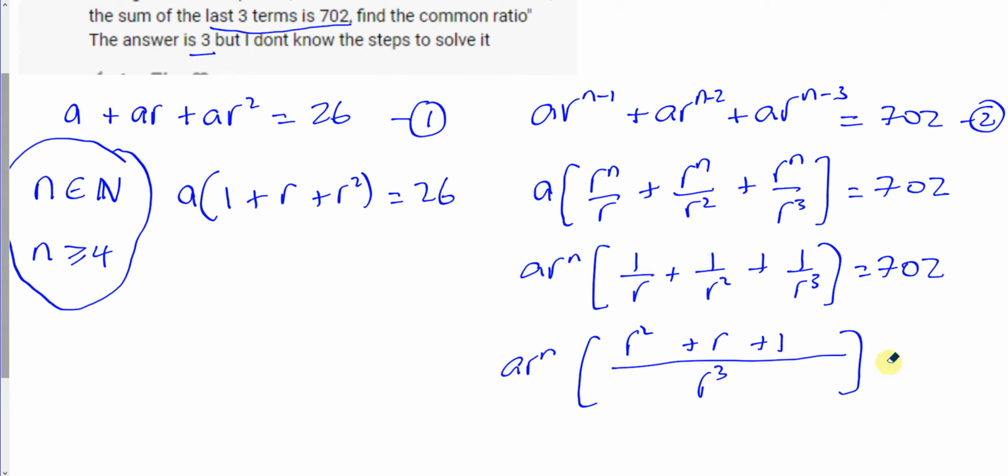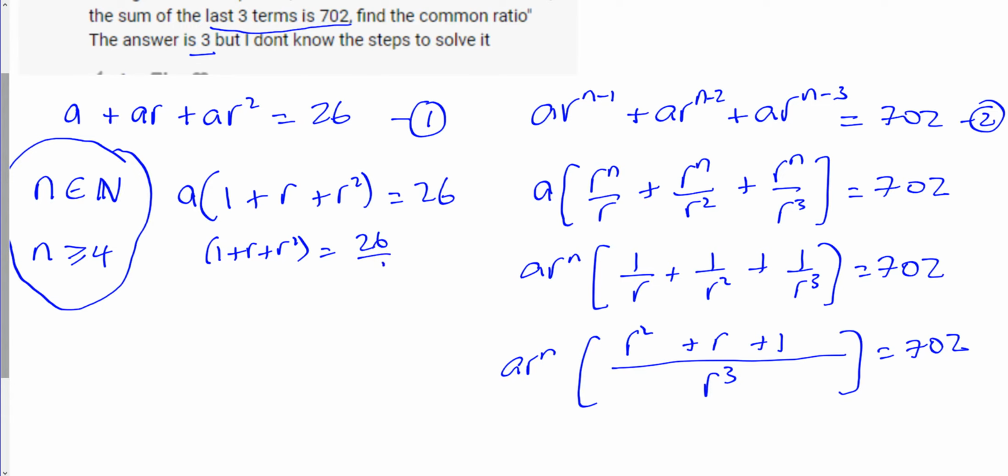You'll notice that I've got something which will help us here, because this is the same as that. So I can replace the r squared plus r plus 1 with 26 over a, because 1 plus r squared is equal to 26 over a.